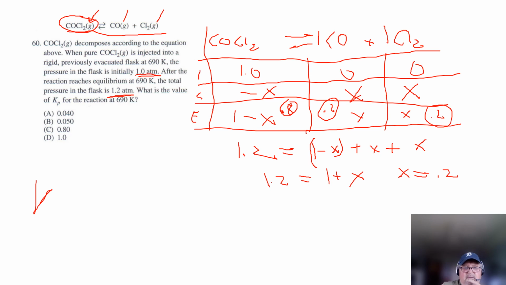So we know that Kp equals the products, 0.2 times 0.2, all over the reactant, which is 0.8. Do the math, and we get 0.05. And we can see that's B.